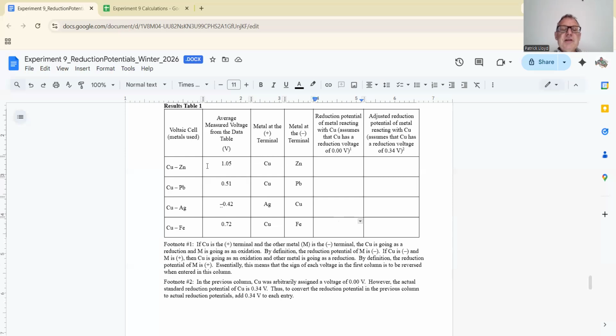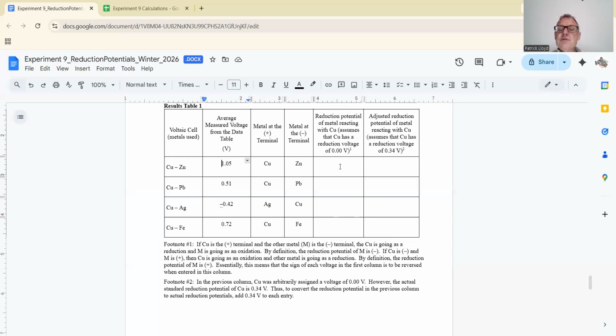So for copper and zinc, copper is the cathode. That means copper's reduction potential minus zinc's reduction potential should be equal to this difference we got here, 1.05.